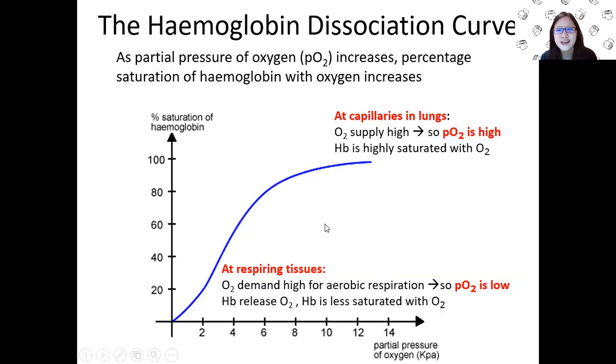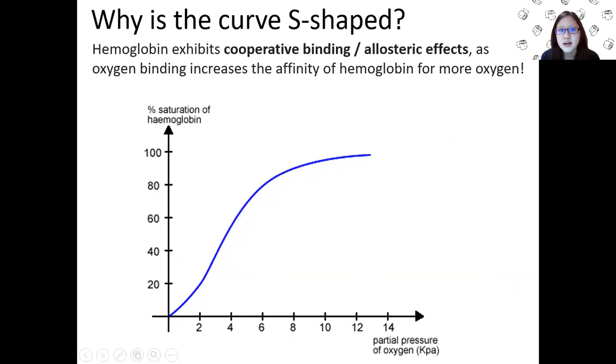Now, the only thing that is not answered here is why is it an S-shaped curve? Why is it not a straight line? It's an S-shaped curve because hemoglobin exhibits cooperative binding or allosteric effects. What happens is, as oxygen binds, this increases the affinity of hemoglobin for more oxygen.